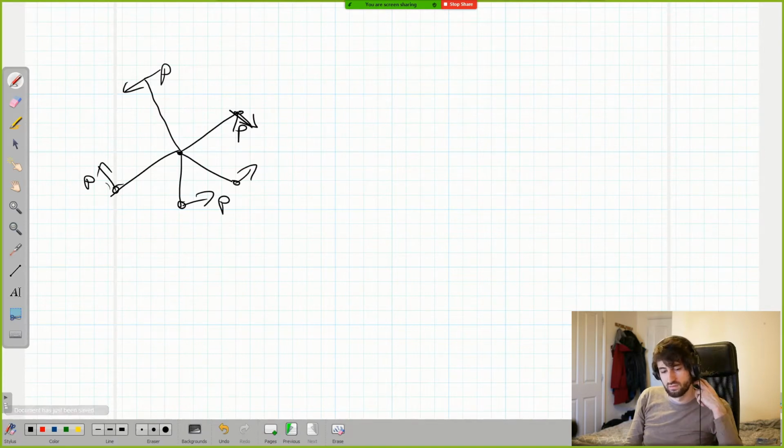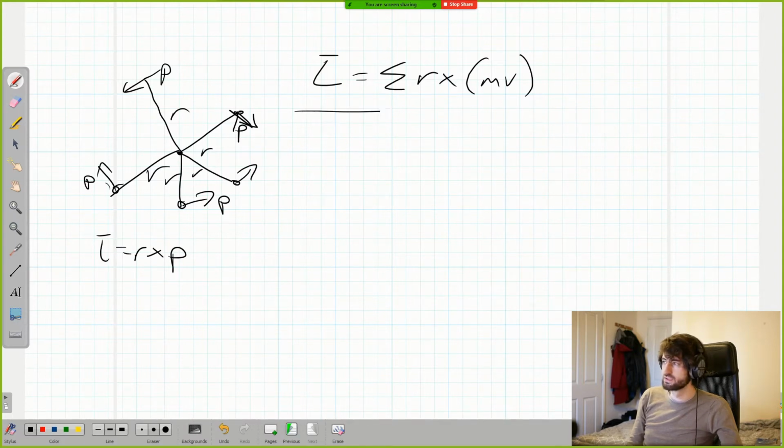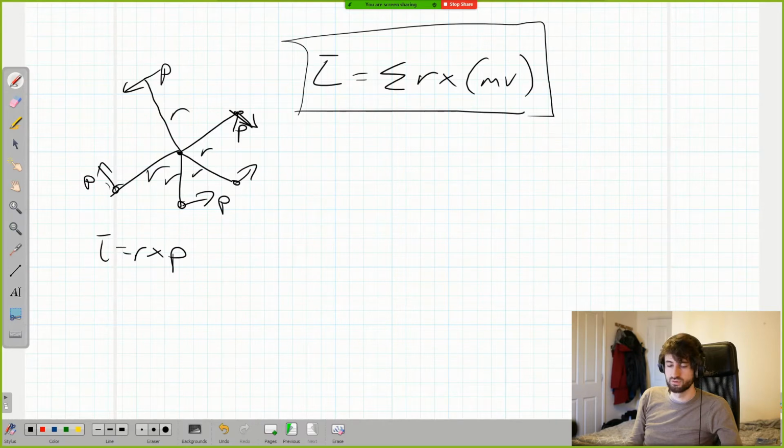These things all have an R and a P. And we can say that L is equal to the sum of R cross mv, because each little momentum is R cross P, and the total momentum is the sum of all of the little momentums.